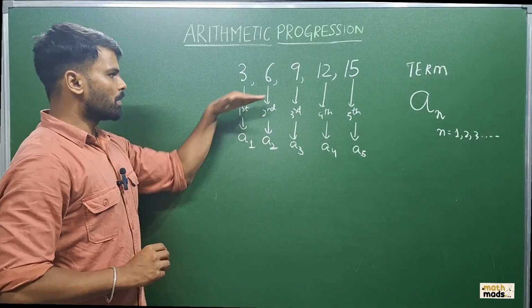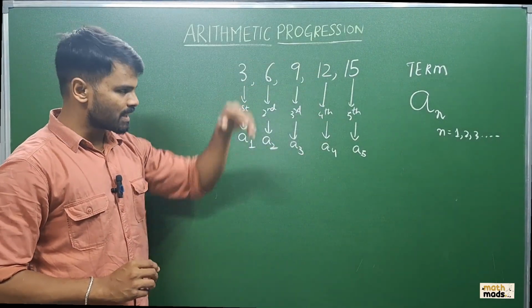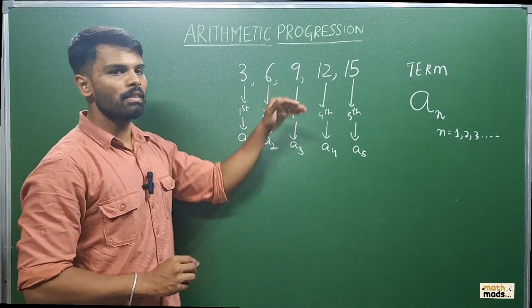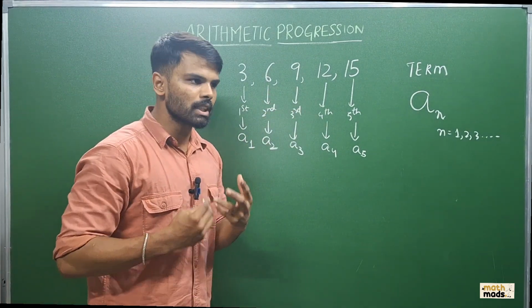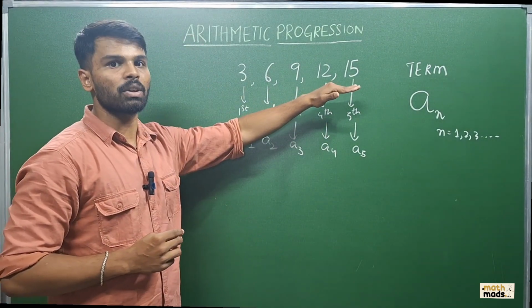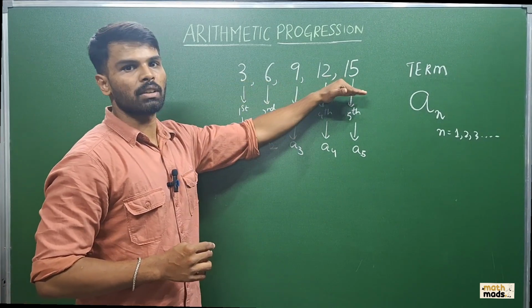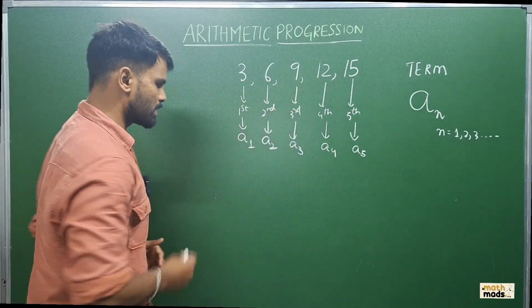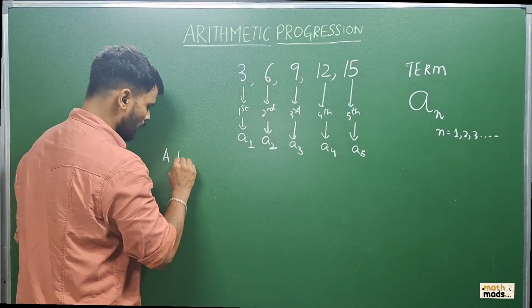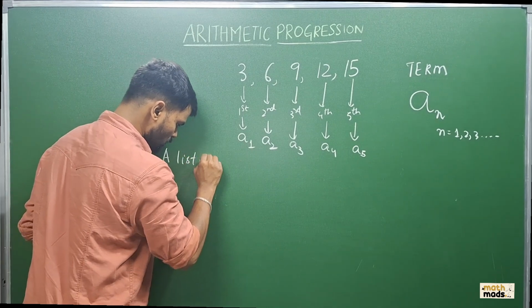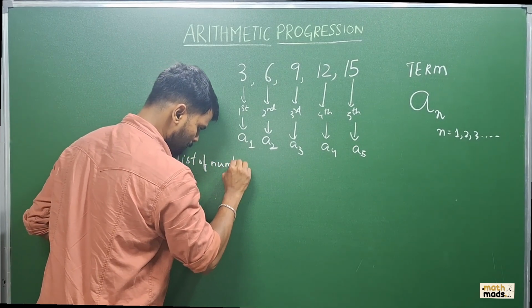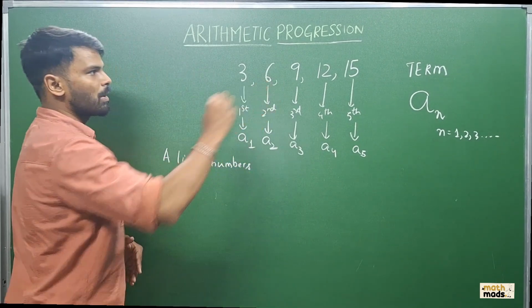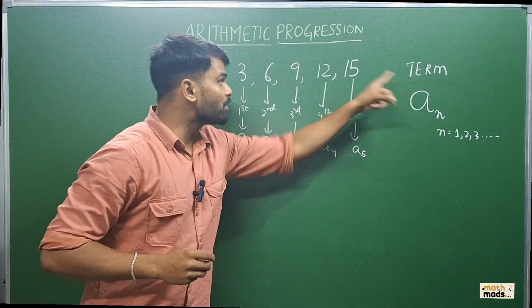Given here is an example of a sequence, and at the same time an example of an arithmetic progression. What is this arithmetic progression having? It is having an arrangement of numbers, a list of numbers. Let me write that down. In that list of numbers, you have terms.